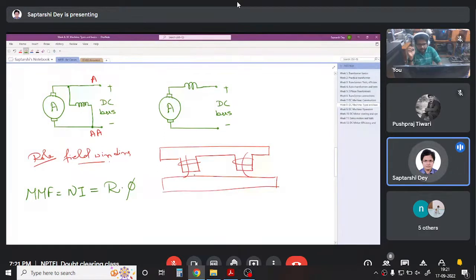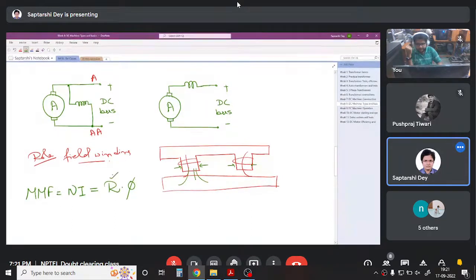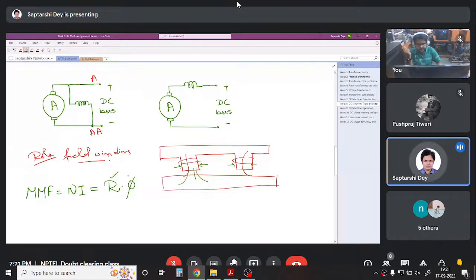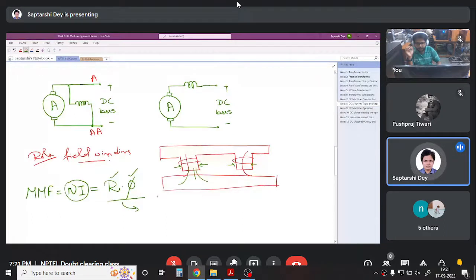See how much gap you have here, how much wide these teeth are, what is the path that the flux is taking, what is the material. So that is kind of constant here. And how much flux you need comes from the design and operational point of view of the machine. So for a given DC machine and its design, you can consider this to be a constant. Now you have this N and I to play with.